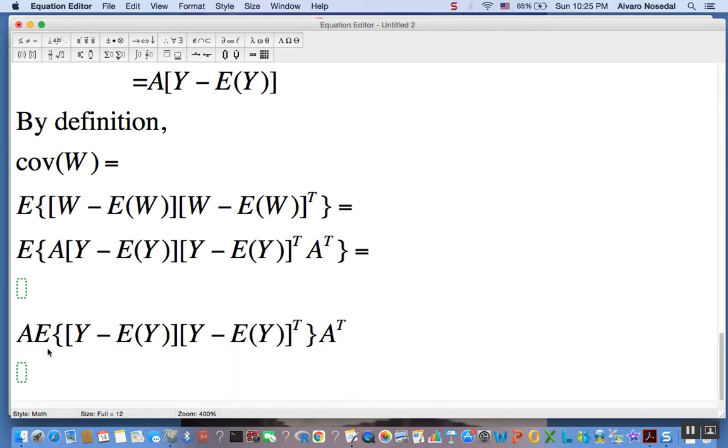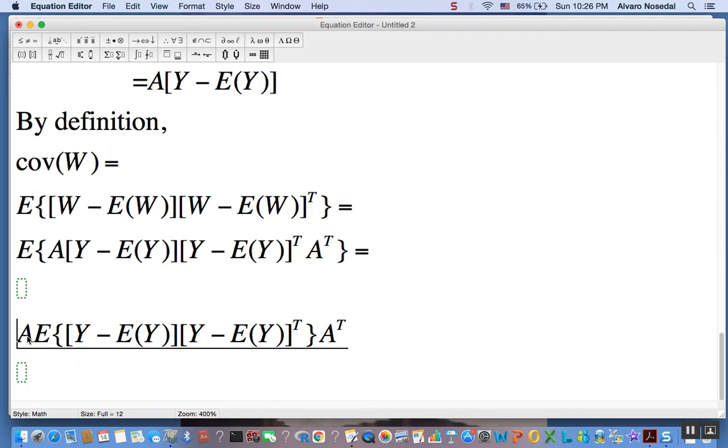Now note, take a look at this. A times the expected value of Y minus expected value of Y, times Y minus expected value of Y transpose, times A transpose. What's this? This is the covariance matrix of Y by definition.